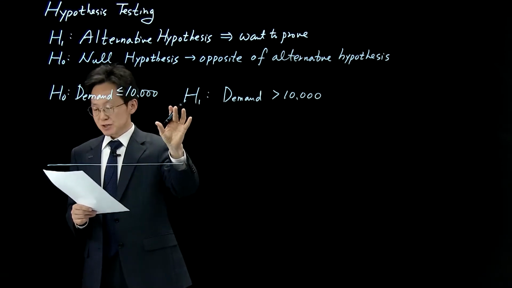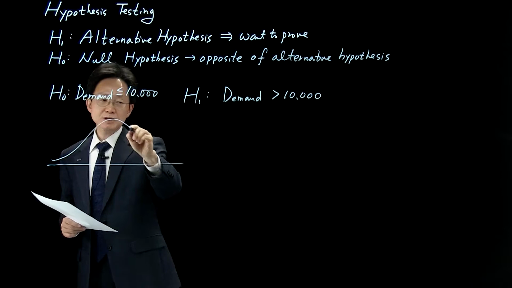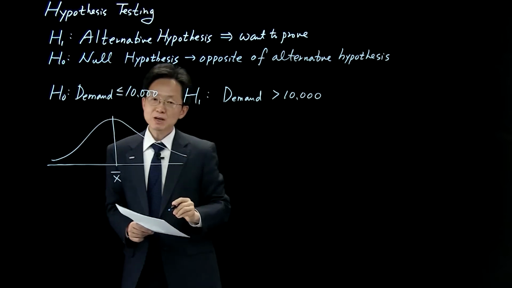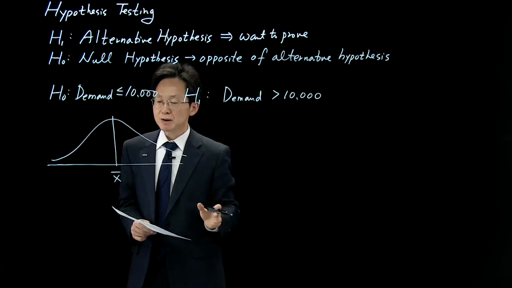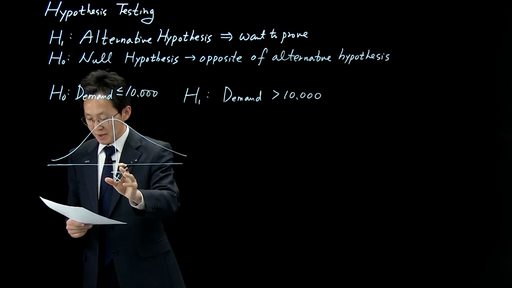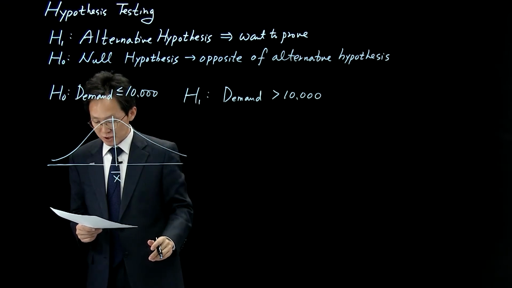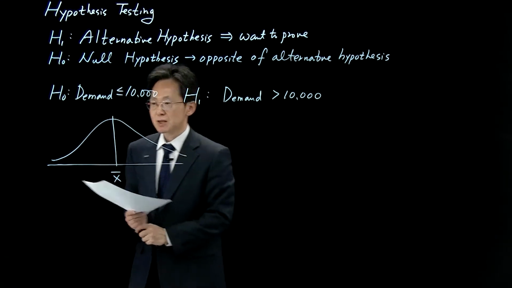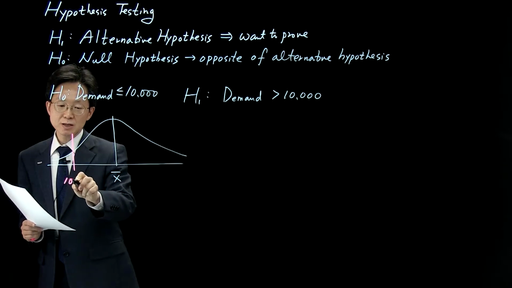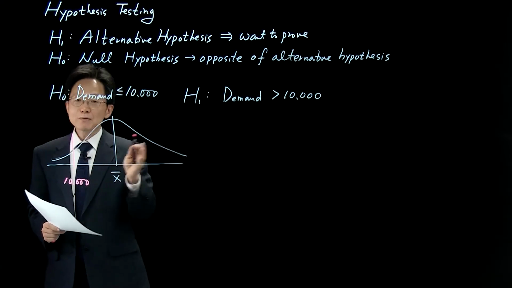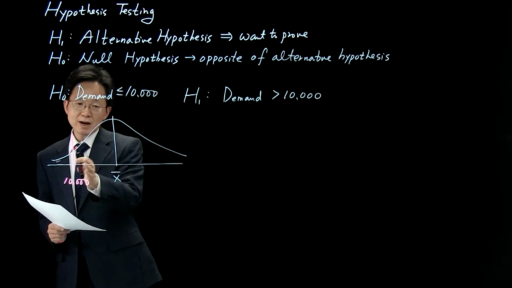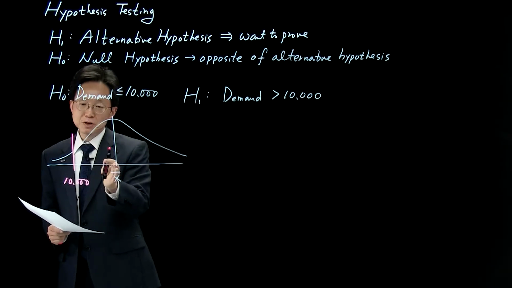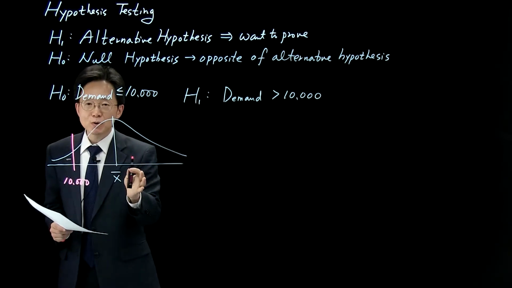If we try to make a decision regarding this hypothesis testing, as I already said, we will use the sample information, in other words, information we derive from the sample. So we have X bar, and then we have some distributions. For example, let's say this is 10,000, then obviously we have to decide whether the 10,000 units is a very likely figure or not.